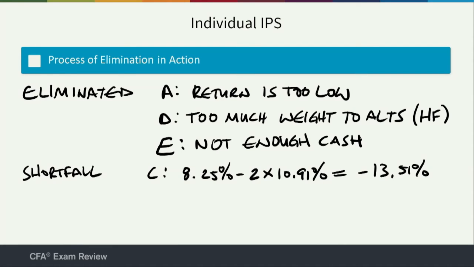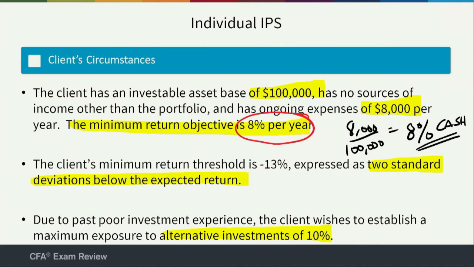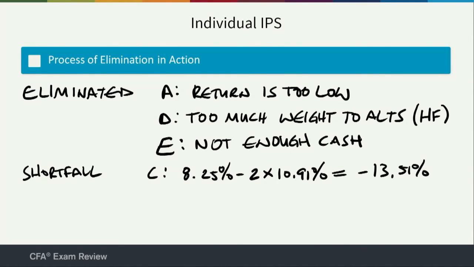And if you remember, if we go back, the client said they're not going to be happy with any return below 13% with a 2 standard deviation threshold. So we eliminate portfolio C as well, because this portfolio fails the shortfall criteria.